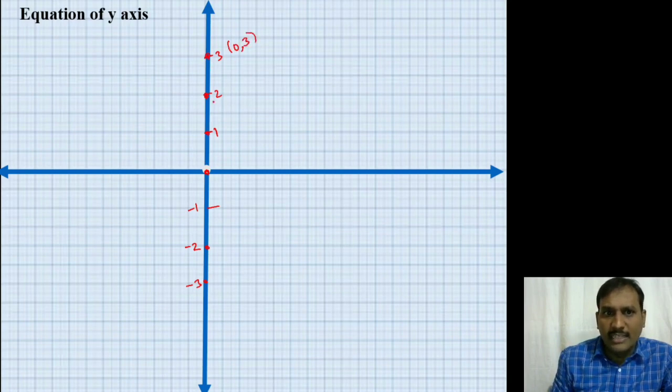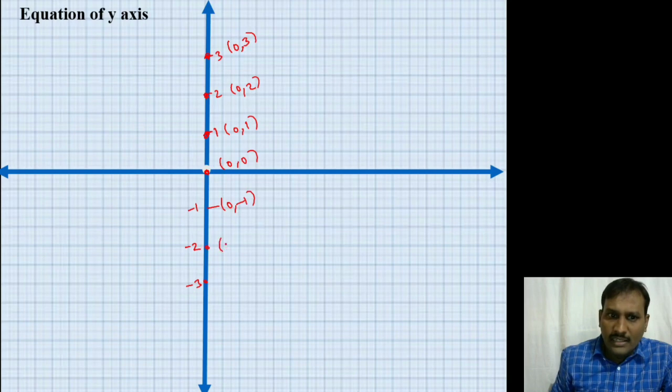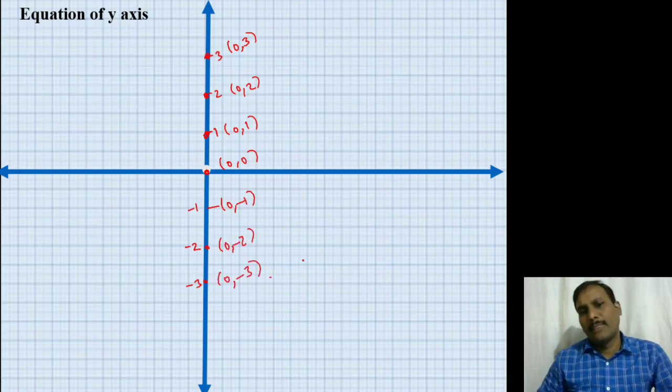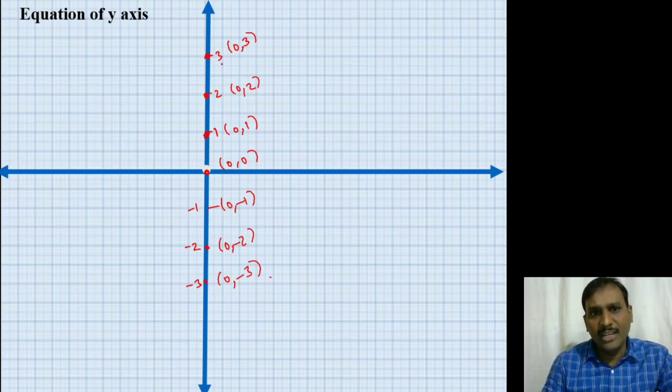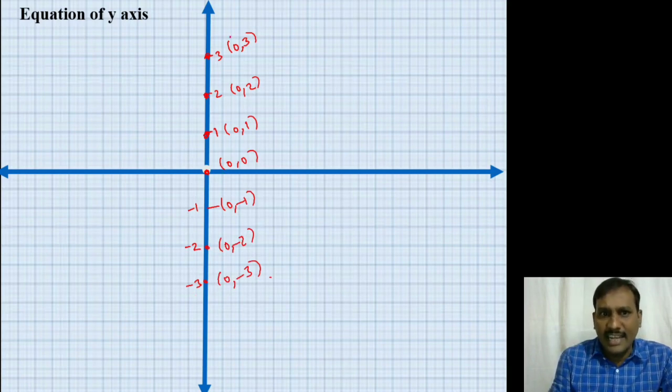So 0 comma 3, 0 comma 2, 0 comma 1, 0 comma 0, 0 comma minus 1, 0 comma minus 2, and 0 comma minus 3. Now what is common among all these? That is x is equal to 0. So the equation of y-axis is x is equal to 0.